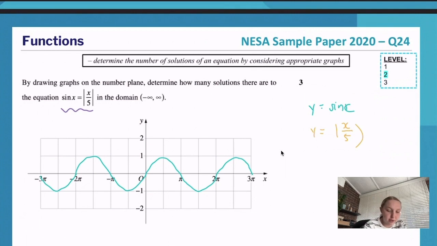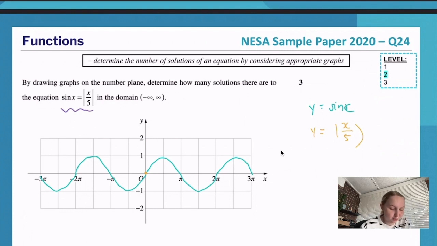Then when we're looking at the absolute value of x on 5, there's no transformation, so it's going to start here in the middle, the absolute graph of x on 5. It's not going to have any other x, y intercepts other than the origin.